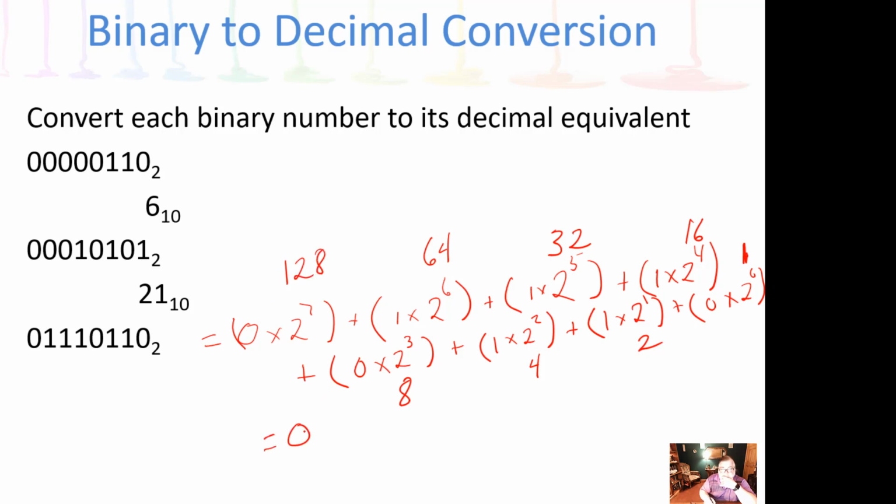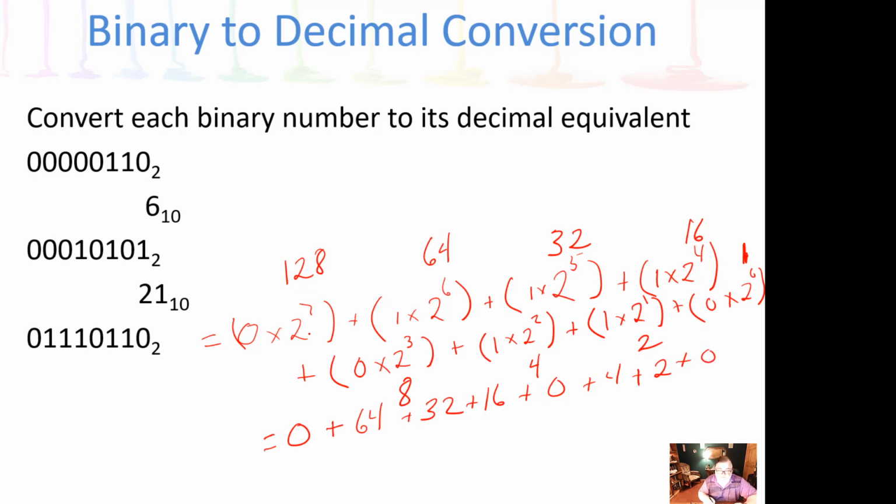So I get 0 plus 64 plus 32 plus 16 plus 0 plus 4 plus 2 plus 0.